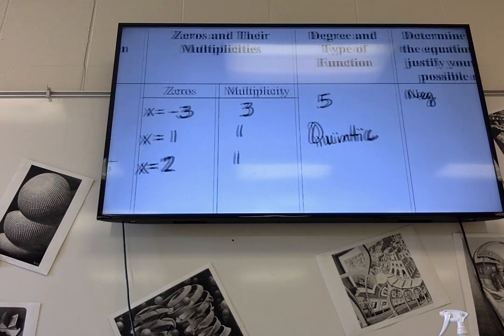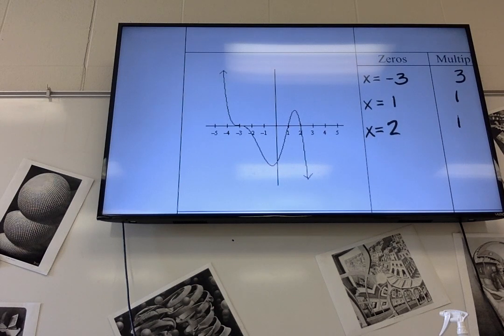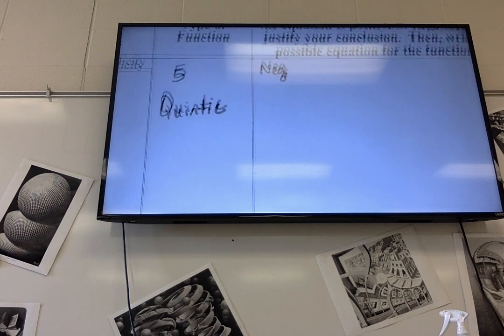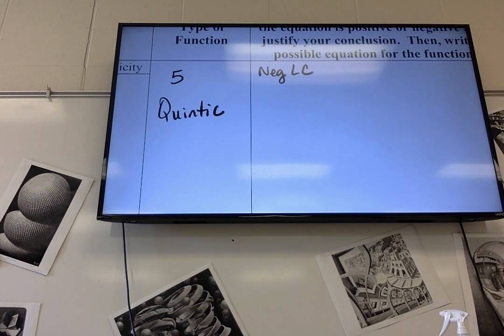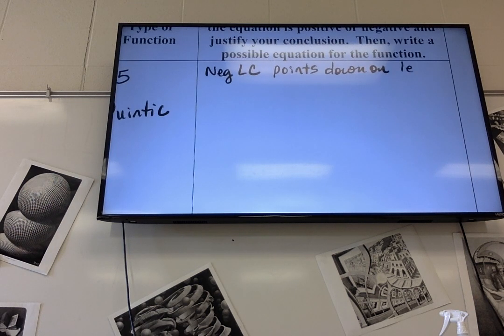And it's negative because it is pointing down on the right and up on the left. And leading coefficient, I'm going to say points down on left, up on right. So, Jose, what's our equation?